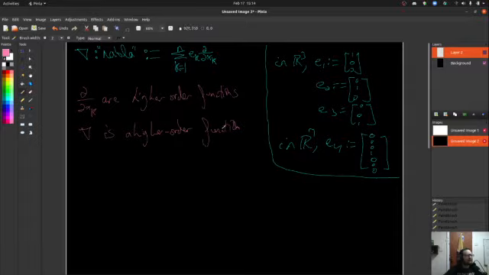So what's the simple case? The simple case is for a scalar field, which is just Rn into R. For a scalar field, we call it the gradient of alpha, which is nabla applied to alpha.